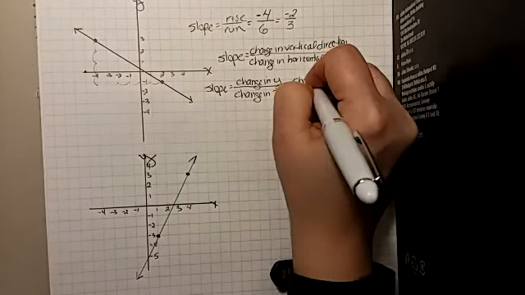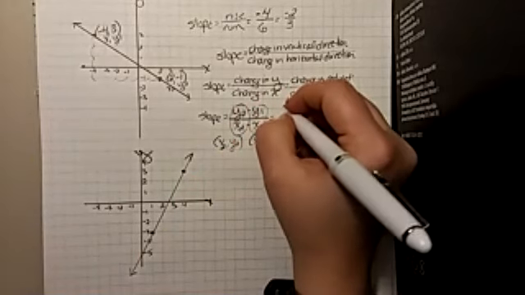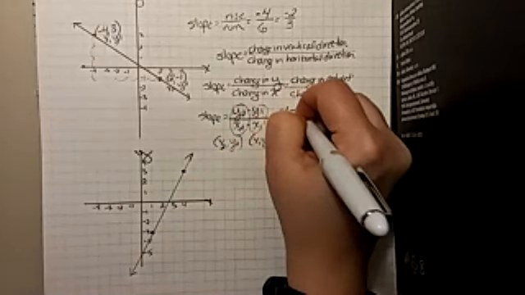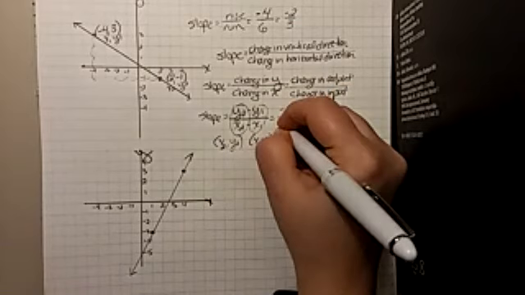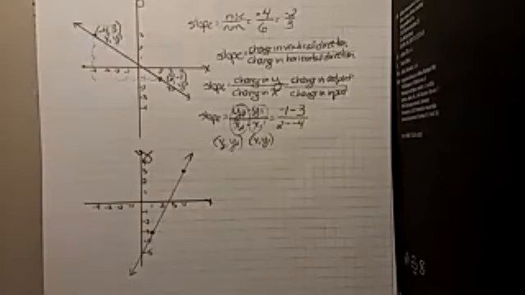If I now substitute what I labeled y2 and y1, I'm going to be plugging in -1 minus 3 over, and if I substitute my x2 and my x1, it would be 2 minus -4. And now let's do the work.